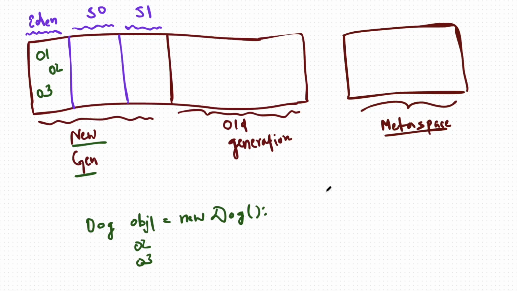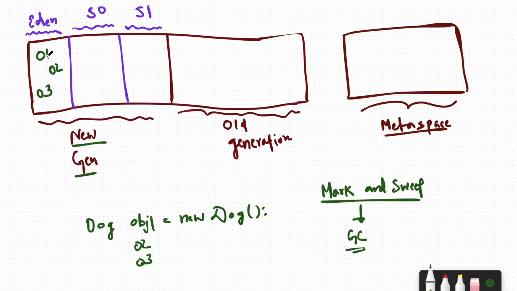So what will it do? It uses the mark and sweep algorithm. This algorithm is used by our garbage collector, GC. So now GC will come and mark the objects which are not currently used. So O1 it will mark, O2 it will mark, O3 it will mark.